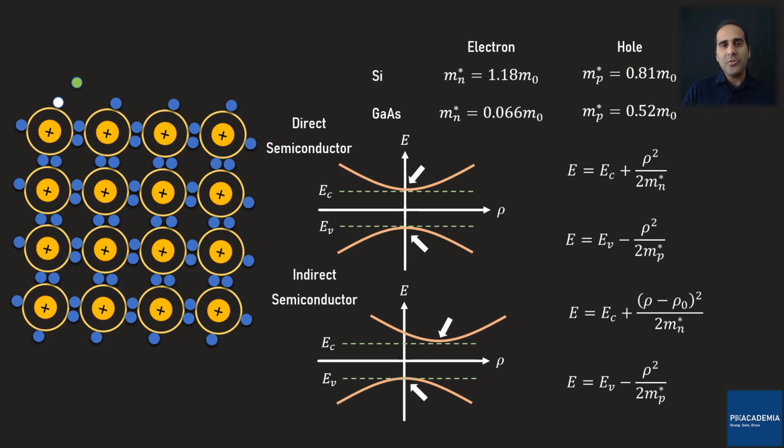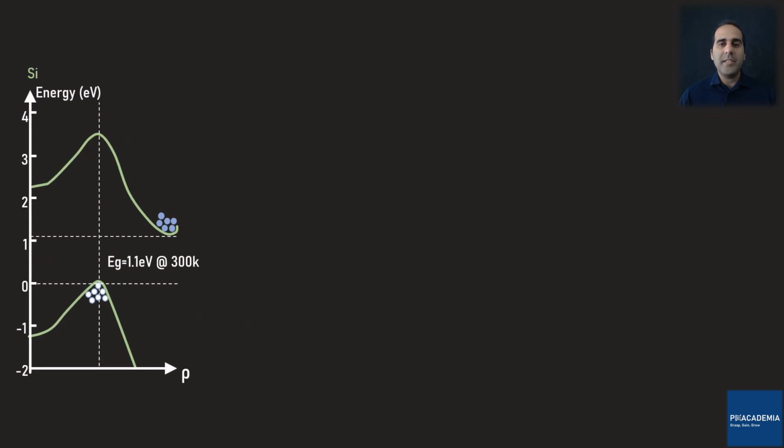It is worth mentioning that the absolute maximum of the valence band is always at zero momentum. Here you can look at the K-space energy diagram of silicon. As you can see, silicon is an indirect semiconductor because the absolute minimum of the conduction band is far away from the absolute maximum of the valence band on the momentum axis.